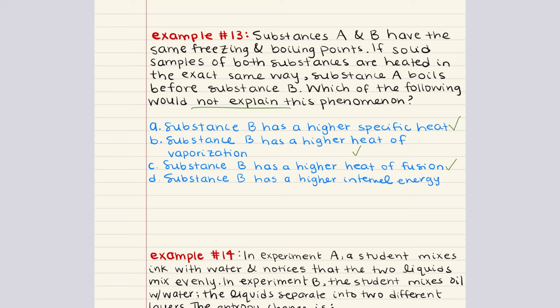It is not directly related to how quickly a substance reaches its boiling point or the energy required for phase transitions or phase changes like melting or vaporization. And so option D is the only explanation that does not work for what we observe, that does not explain this phenomenon. So the correct answer for problem 13 is going to be answer choice D.